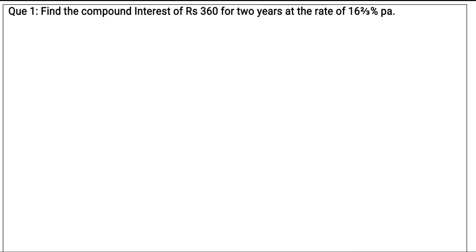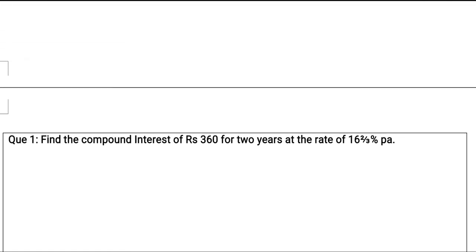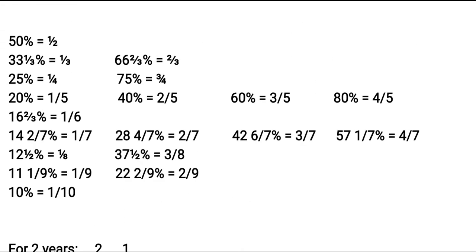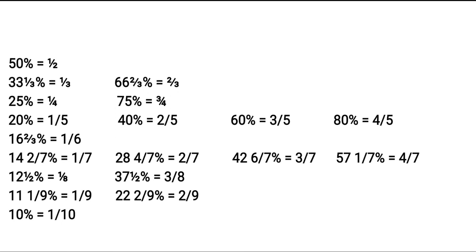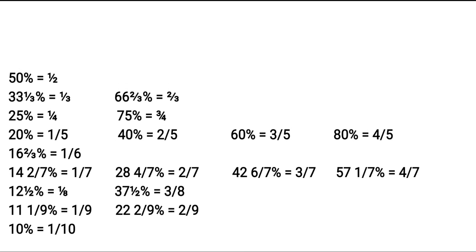Now before we start this and before you really understand the shortcut tricks, a few things you should know. First, this. Whenever in any question you see these percentages, you should know their fraction value. For example, in this very question we are given this percent, so you should know that it is 1/6.